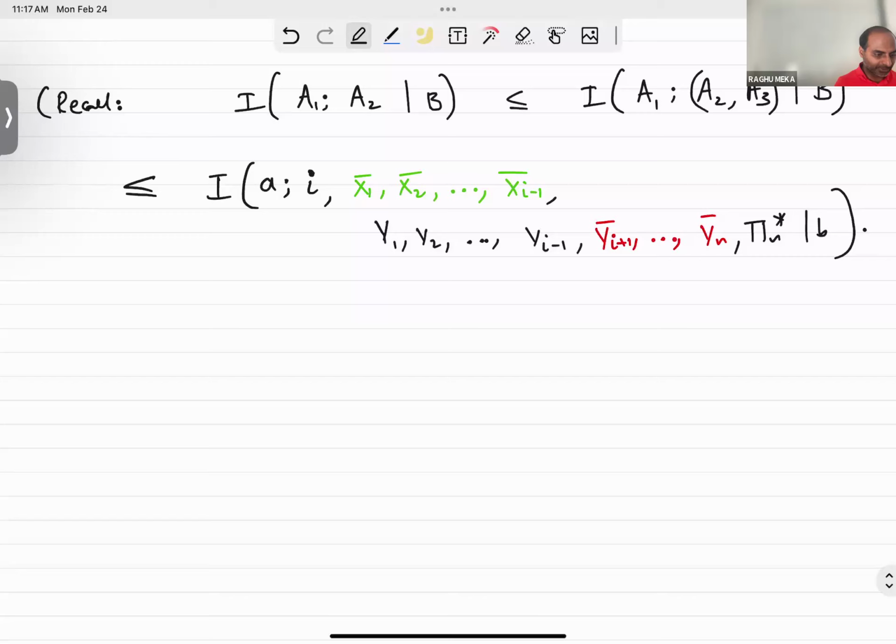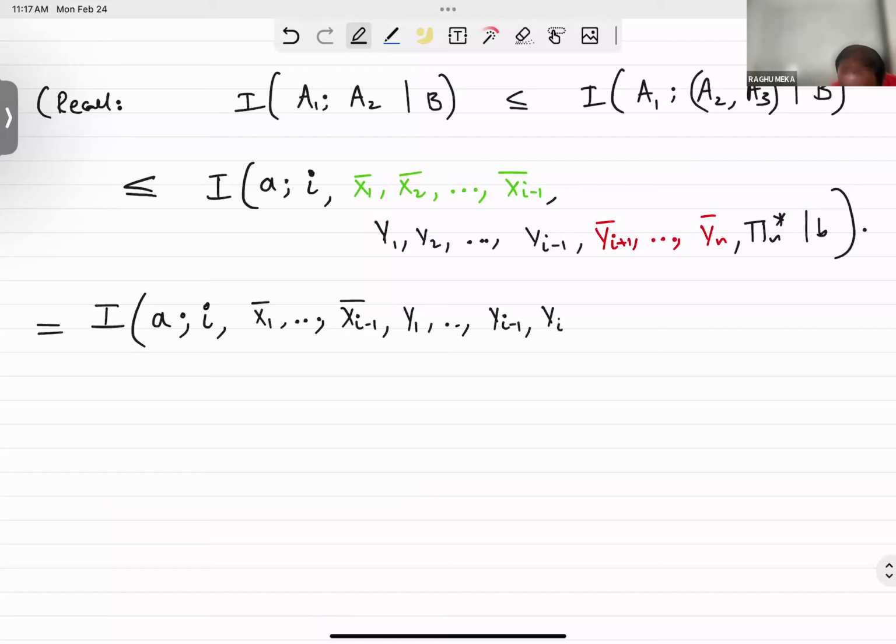We're going to do this in 2 steps. First, let me just introduce some shorthand so that I don't carry these things everywhere.